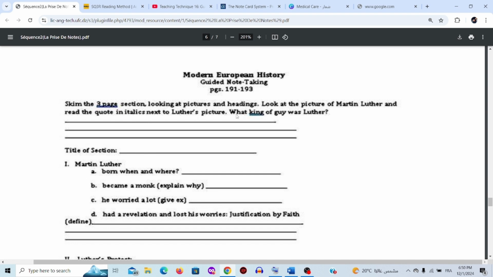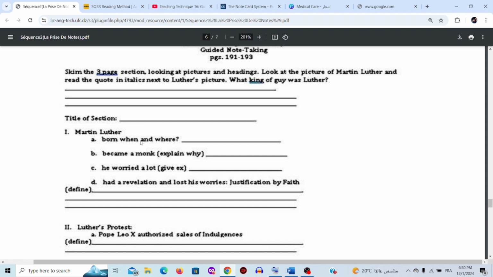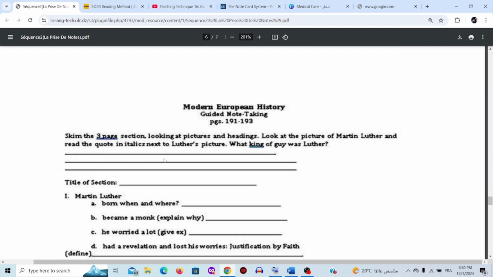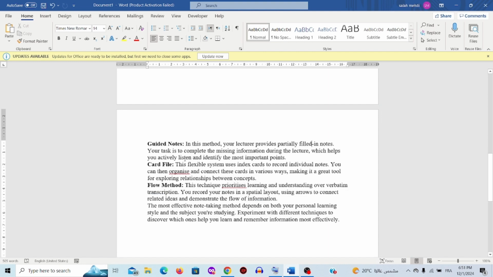For example, here the question: what kind of guy was Luther? Born when and where? He worried a lot. Give example. So you are going to listen to the lecturer, take notes and fill the blanks. And you are going to use the notes later if you are going to review your lessons.